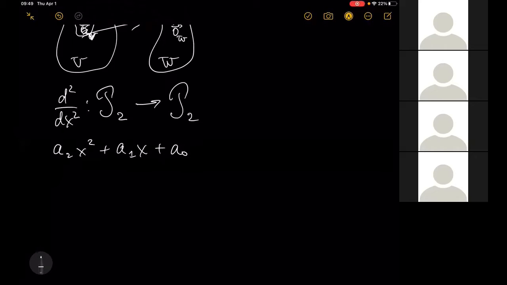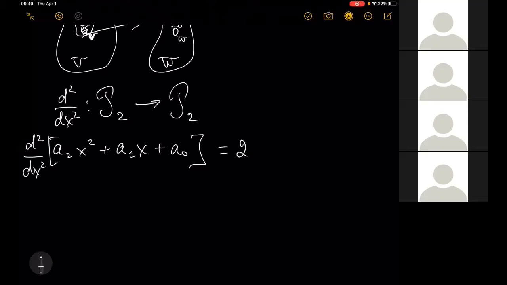If I apply d2 by dx squared to that, what will I get? I will get 2a2, that's it, right? The first derivative will kill the constant and decrease the power here. The second derivative will kill this term, which will be a constant term already, and decrease the power here, right? Is it clear or not?